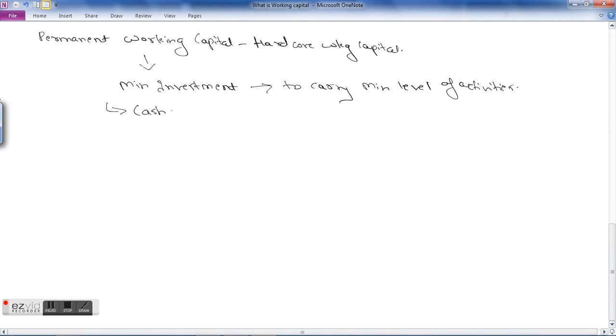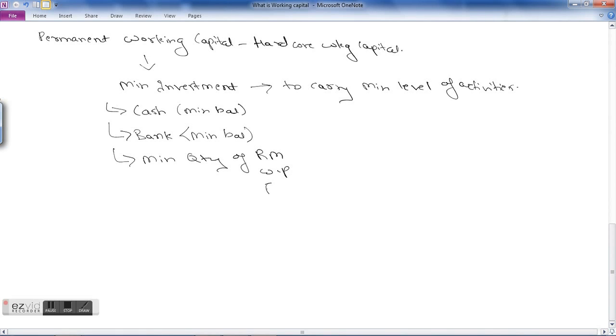Say for your business there needs to be some minimum amount of cash that is required daily. So minimum balance in your cash account. Then there is some minimum balance that is required in your bank account. Then there is some minimum quantity of raw material, WIP and finished goods that is required to be maintained to run your factory on a day-to-day basis.